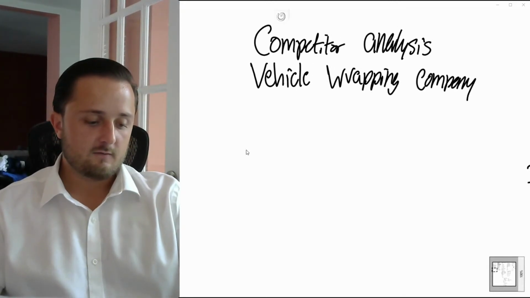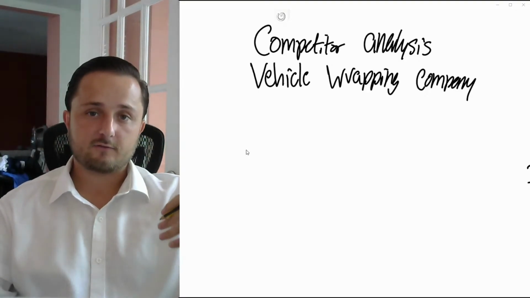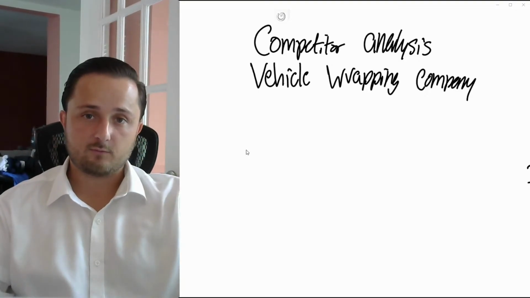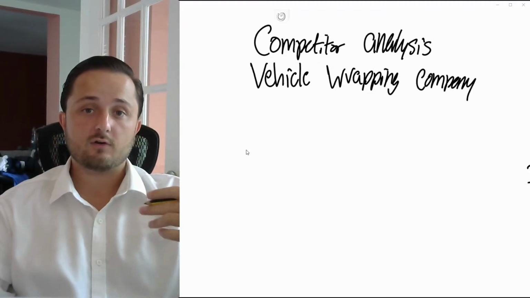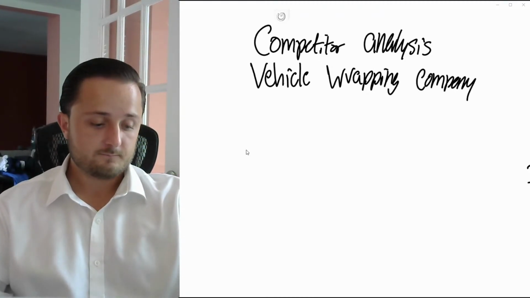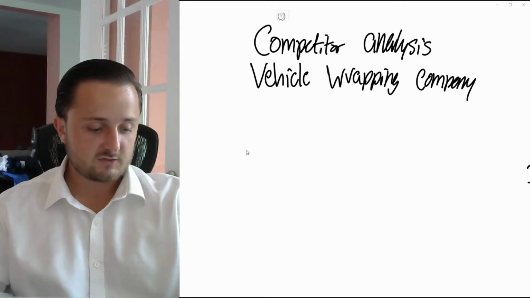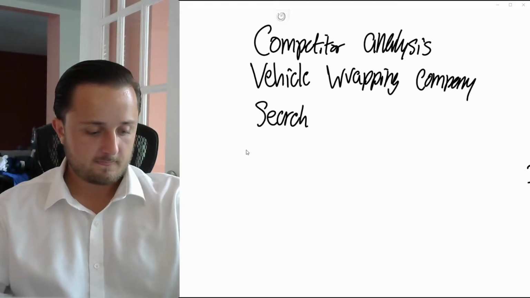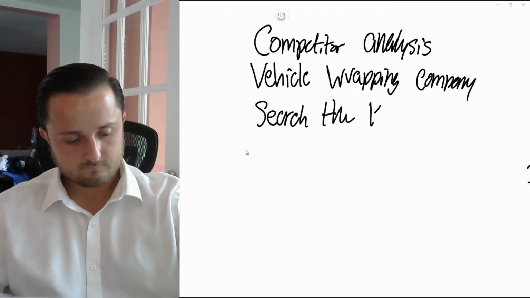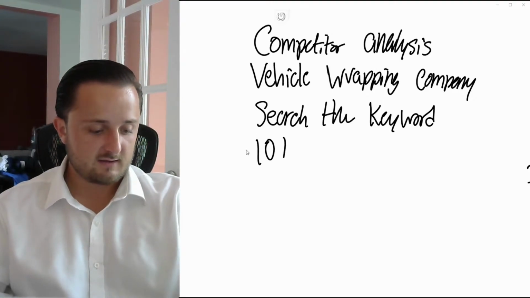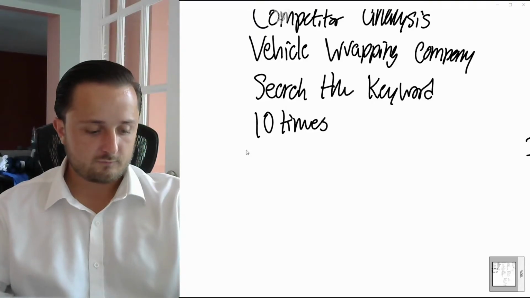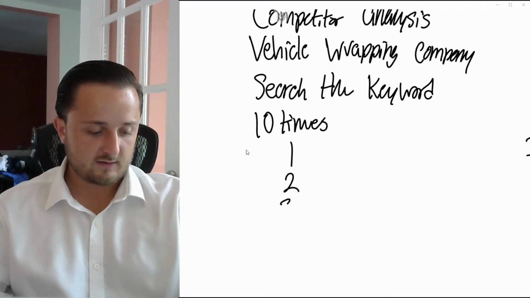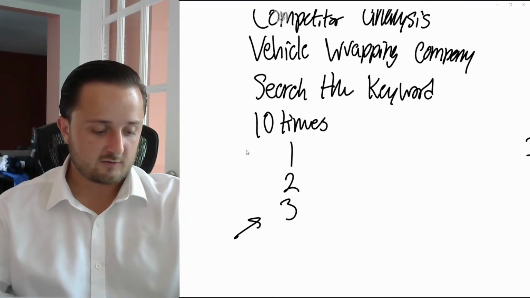Now we're going to do competitor analysis for a vehicle wrapping company website. I've already done my keyword research, so I know what keyword I want to rank for. Now I'm going to search the keyword 10 times and see who's ranking first, second, and third, because that's where I want to be.